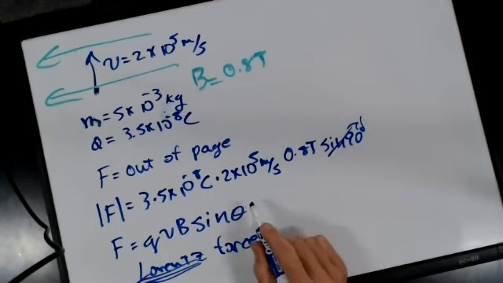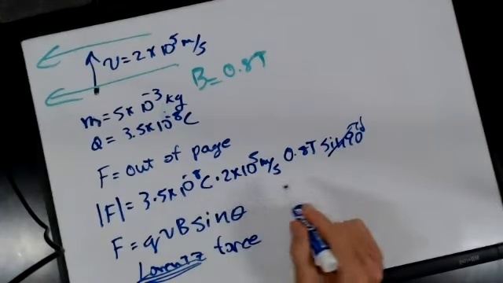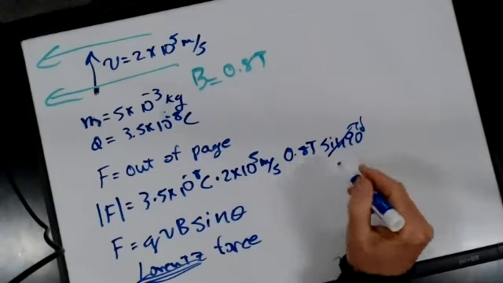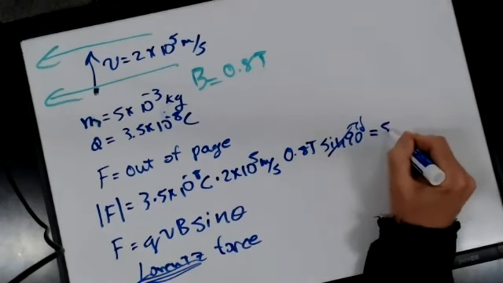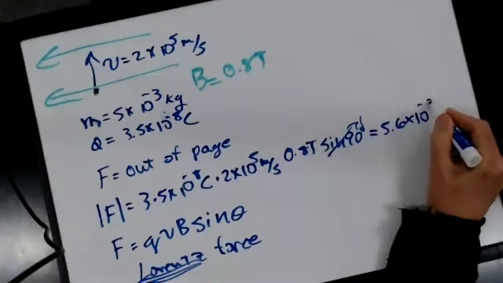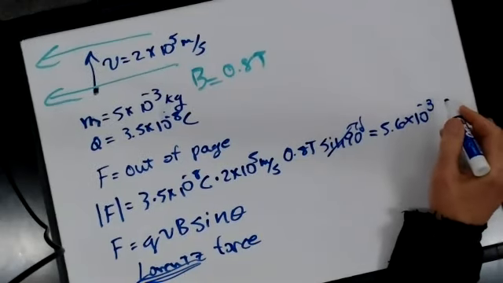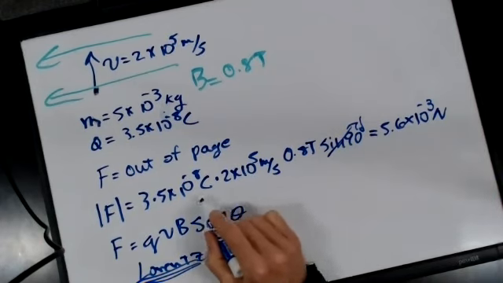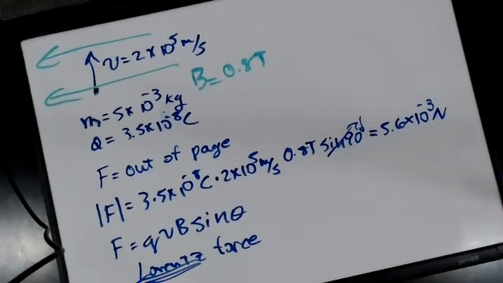We would have to multiply all those out. So 2 times 3.5 is 7, times 0.8 is 5.6. So I think what we get here is 5.6 times 10 to the minus 3. And that would be in newtons. SI, SI, SI. So this would be in newtons.